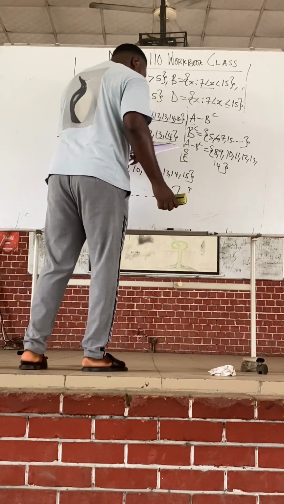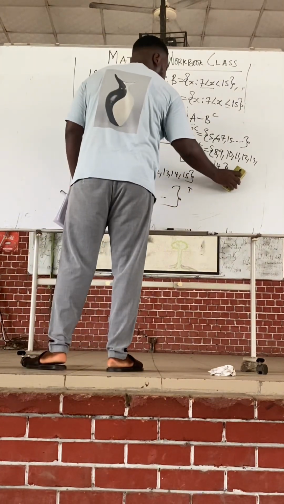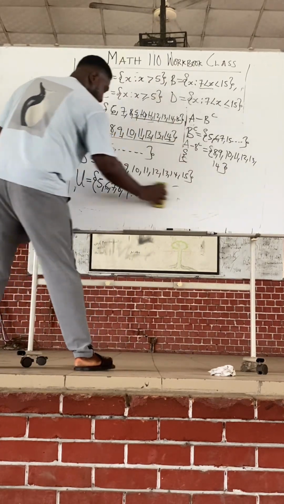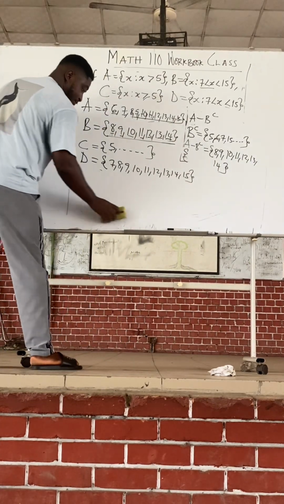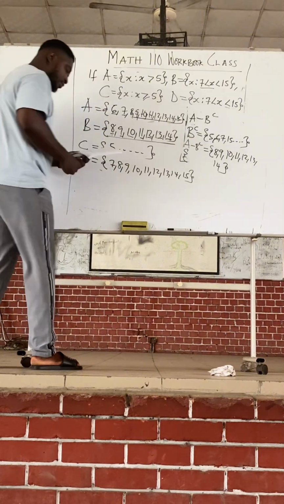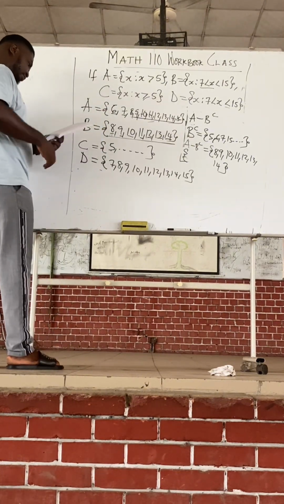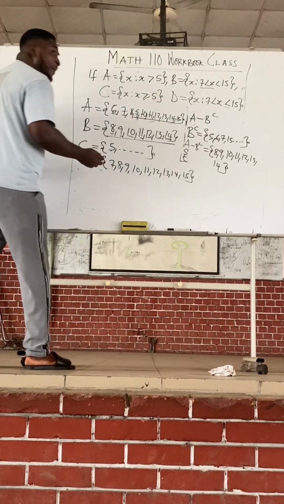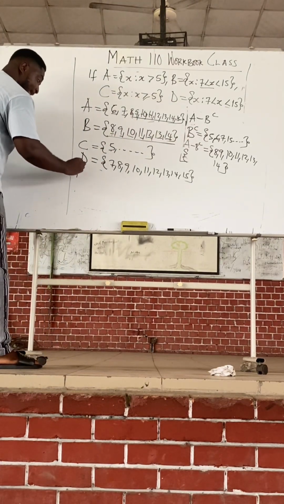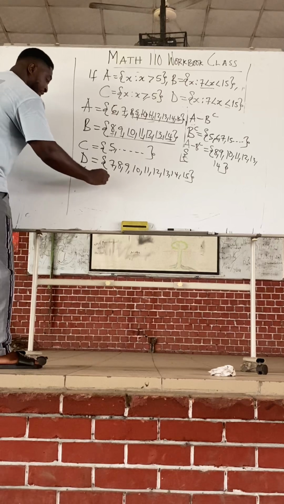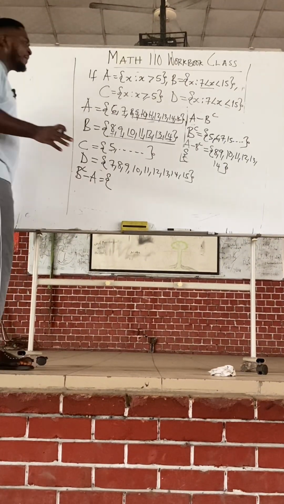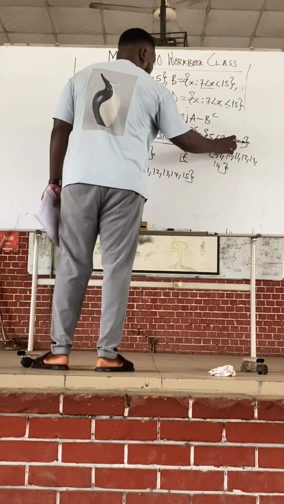Now let's go to B complement minus A. This is B complement and this is A. This time around, B complement is the primary set, right? A is the secondary. This time around, I'm removing A from B complement. Every member in A, remove them from B complement. What will survive?